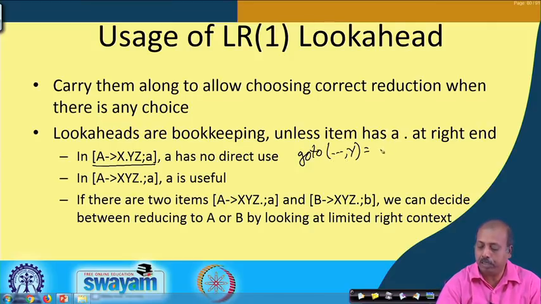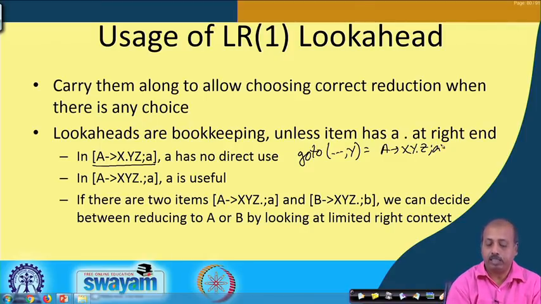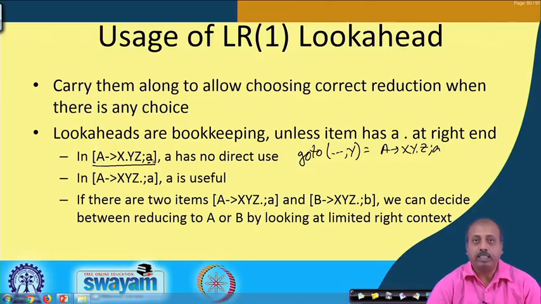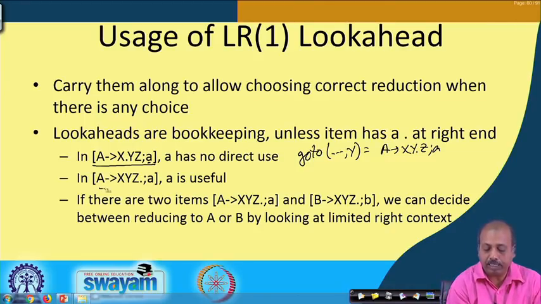We will simply get an item x y dot z, and this token part will be carried forward. So it is a look ahead. It is just bookkeeping. Whereas for this particular case where the dot is at the end, it is going to be useful.